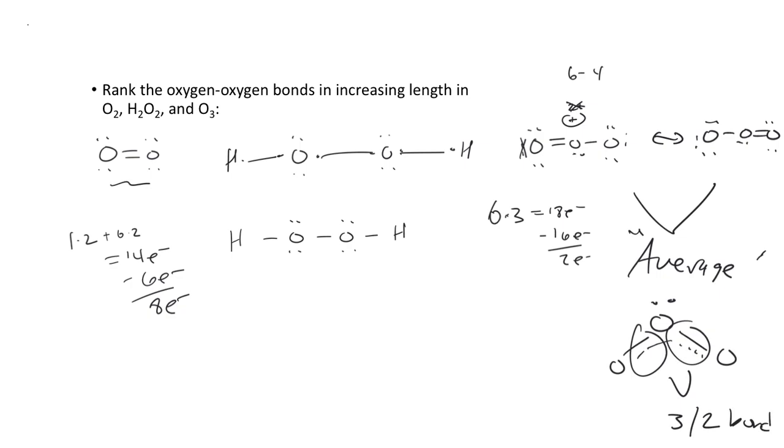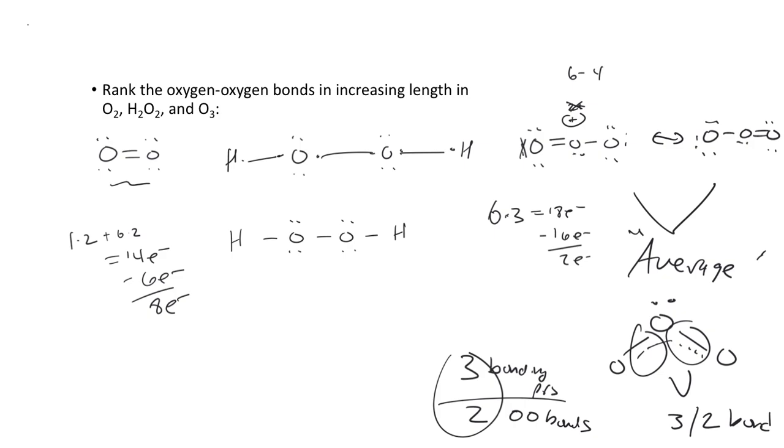It's like a bond that's not quite double, not quite single. We're sharing the 3 bonding pairs of electrons across the 2 covalent bonds. So what we're doing is taking 3 bonding pairs and spreading them across the 2 oxygen-oxygen bonds. So it's not a single bond, it's not a double bond, it's somewhere between single and double.